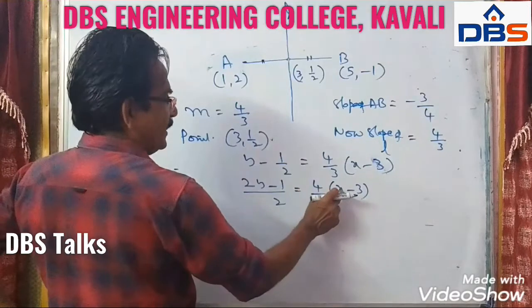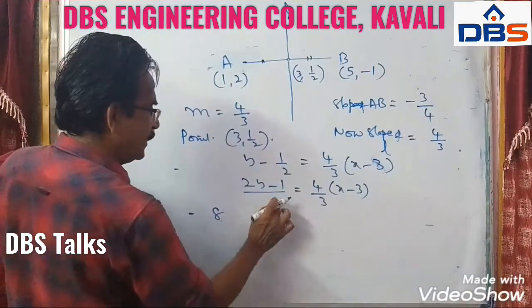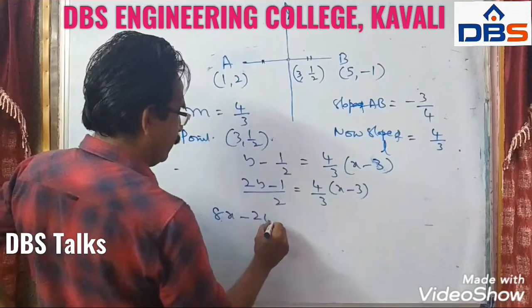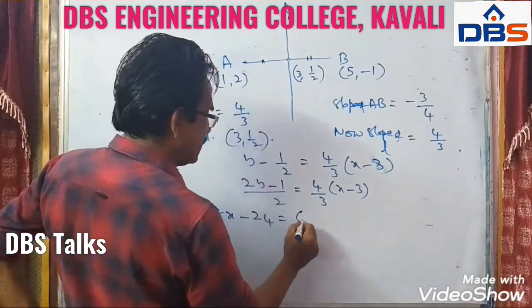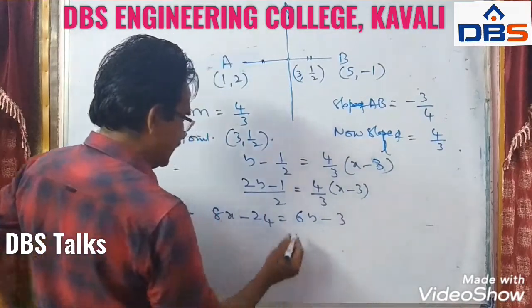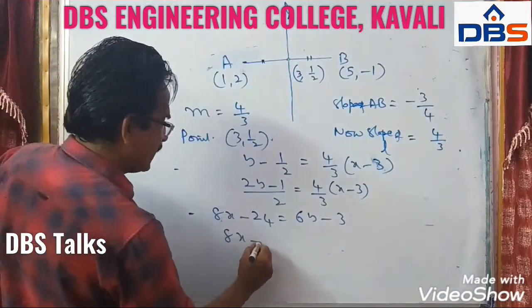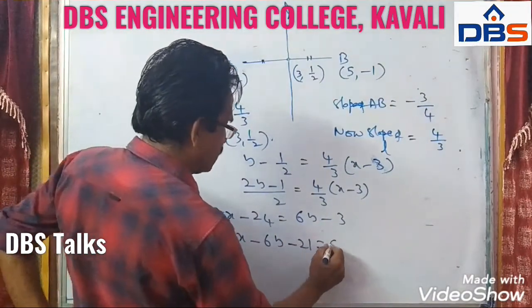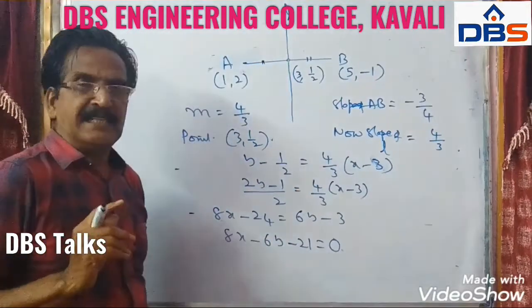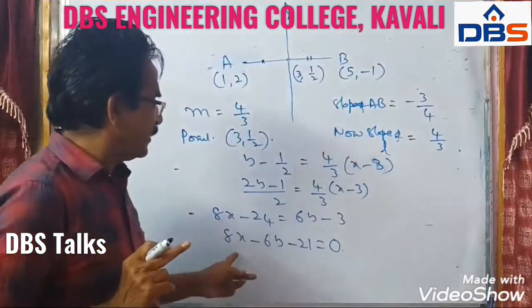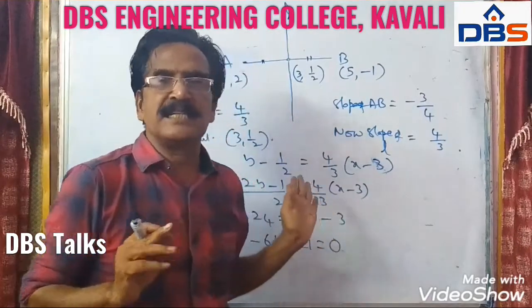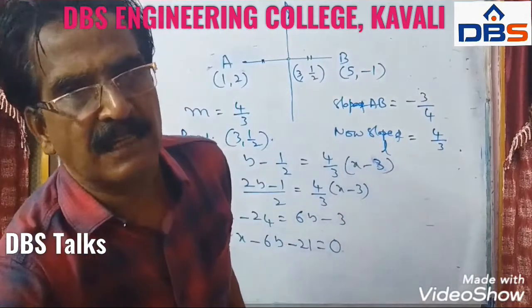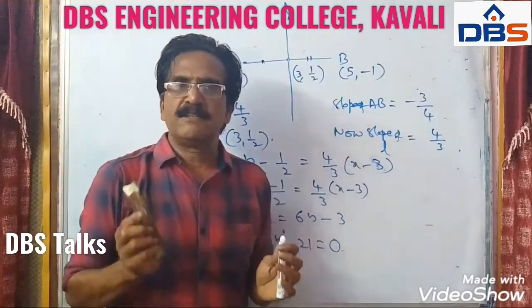Multiplying, 2 into 4, 8x minus 24 is equal to 6y minus 3. So 8x minus 6y minus 24 plus 3, minus 21, is equal to 0. So 8x minus 6y minus 21 is equal to 0. This is the required equation of the perpendicular bisector.